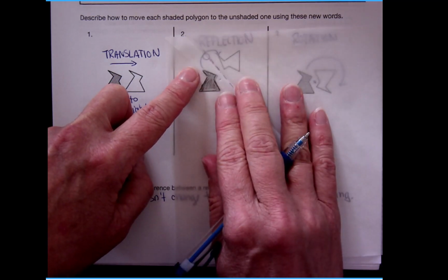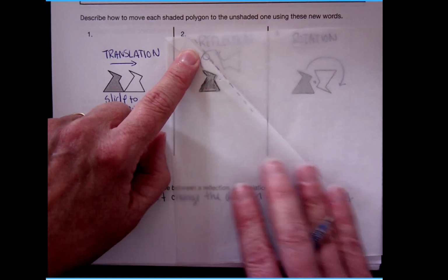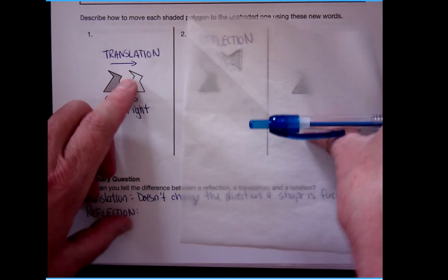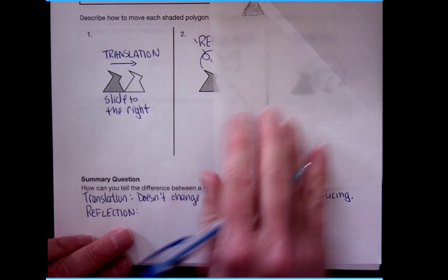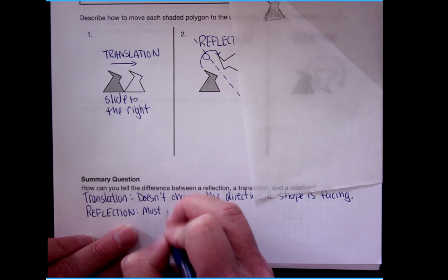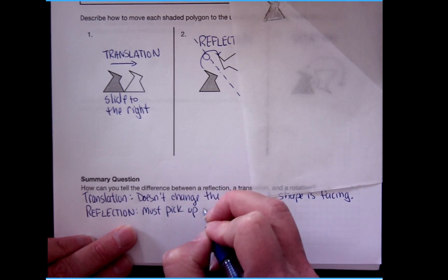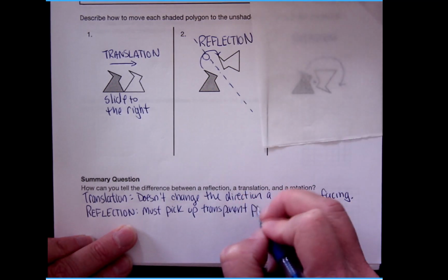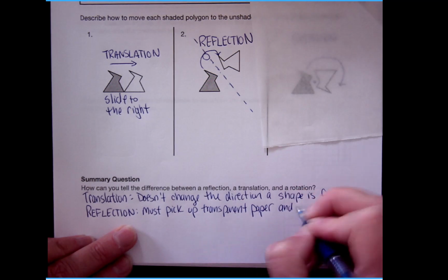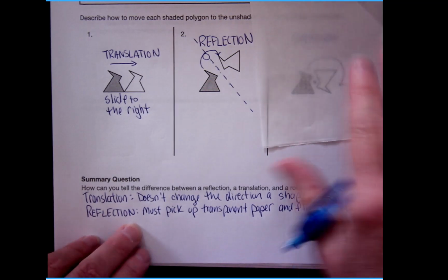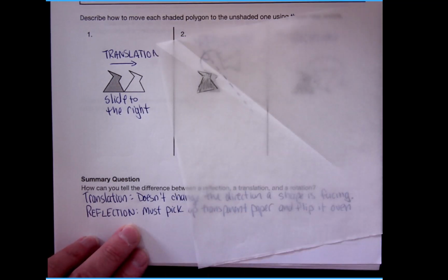Up here in our example, to get this figure to sit on top of that one, I had to pick the paper up and flip it over. If you have to take the paper off of the desk, then it's a reflection. Reflection is the only one where you have to pick the paper up.